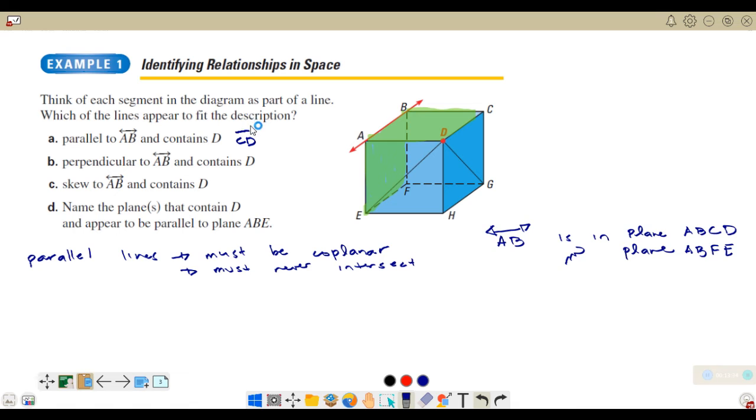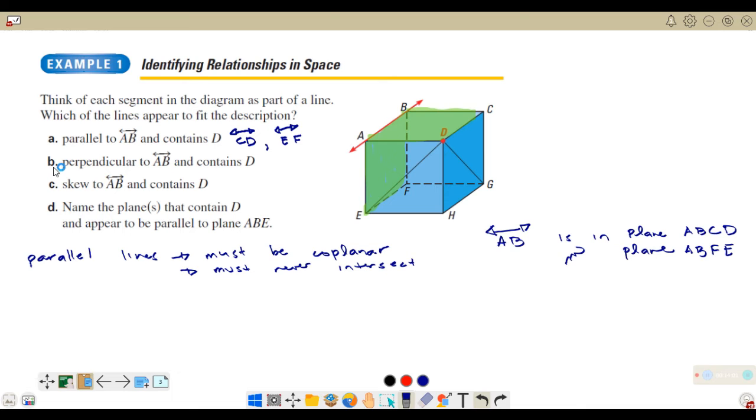Pwede nyo rin gamitin yung symbol na line CD. It's up to you. Pero dun sa ABFE, ang meron naman tayo ay EF. Okay? So, yun naman yung hindi mag-iintersect sa kanya. Is it clear? Hopefully it is.